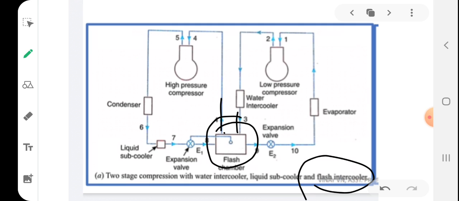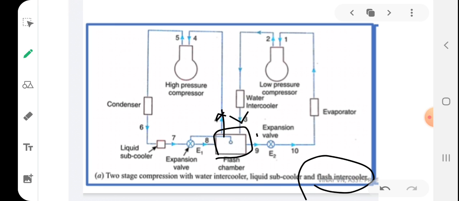But here, what is the case? The high pressure, high temperature refrigerant coming from the low pressure compressor enters the flash chamber, and in the flash chamber some of the refrigerant gets separated, right?